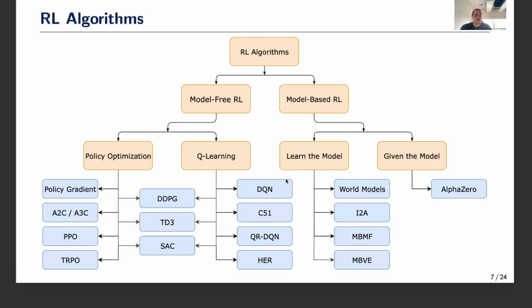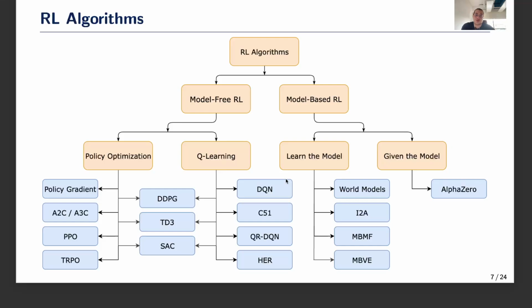So let's cover the core principles like policy gradients, value functions, and model-based learning. Let's take a step back and look at the big picture. This diagram represents a high-level taxonomy of reinforcement learning algorithms, categorized by how they approach the problem of decision making.